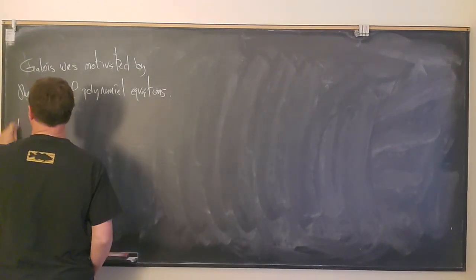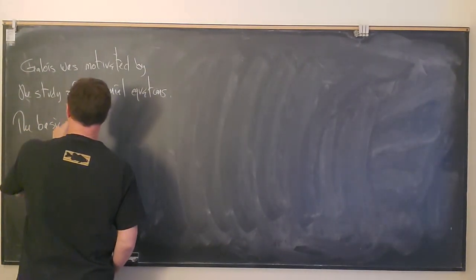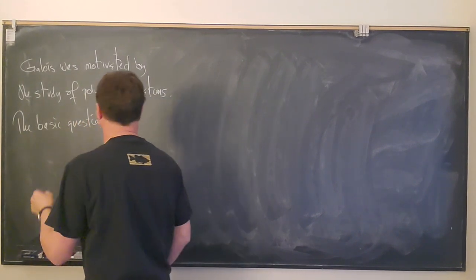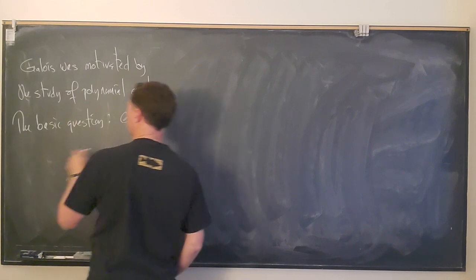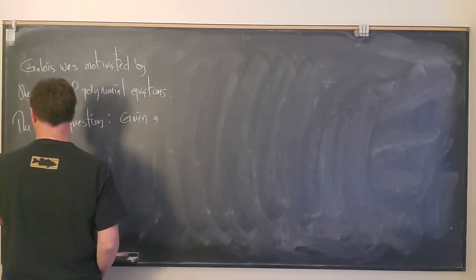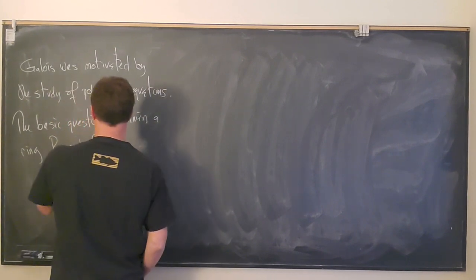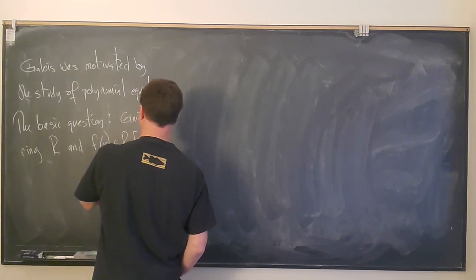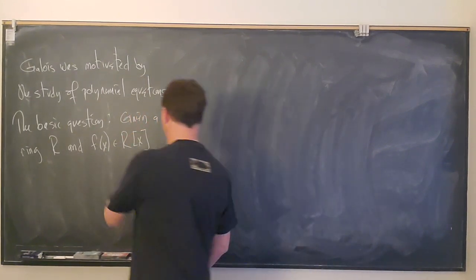The basic question was something like this. Given a ring R and some polynomial, let's say f of x in R[x], let's say it like this.